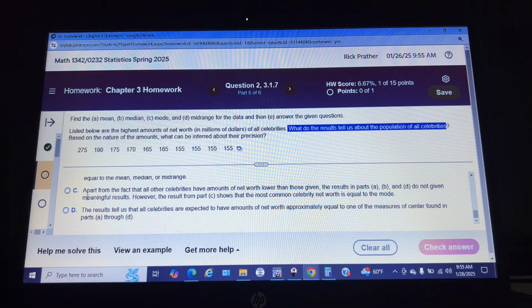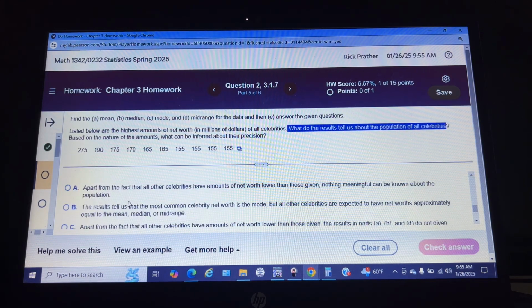So apart from the fact that all other celebrities have amounts of net worth lower, the results do not give meaningful results. The most common celebrity net worth is equal to the mode. That is true. Apart from the fact that all other celebrities have amounts of net worth lower than those given, nothing meaningful can be known about the population.